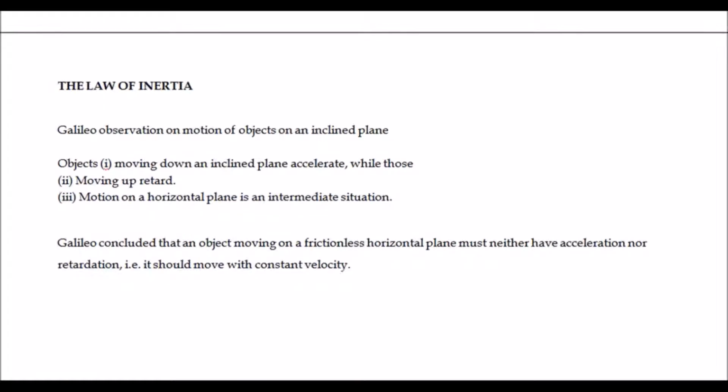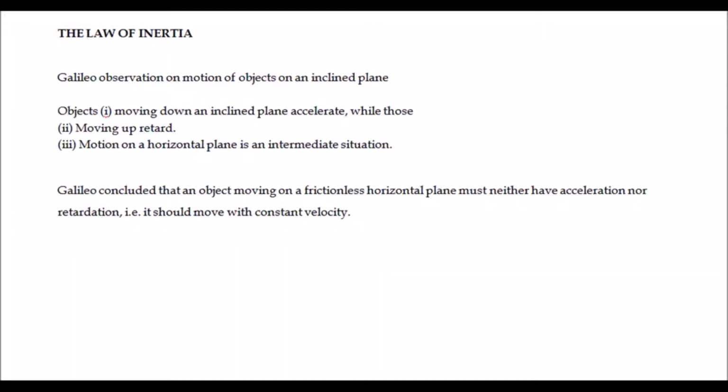Then comes the law of inertia. There was a great scientist called Galileo, and he made some observations on the motion of objects on an inclined plane. So what did Galileo observe? Galileo observed that if an object is moving down an inclined plane, having some inclination theta, then it accelerates.